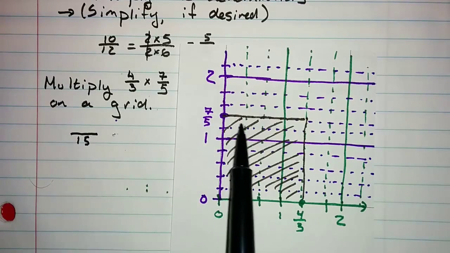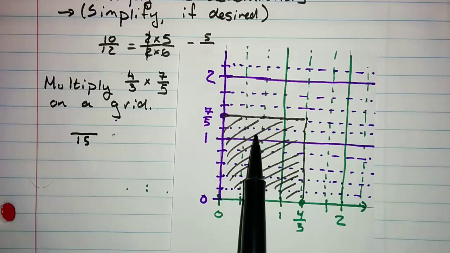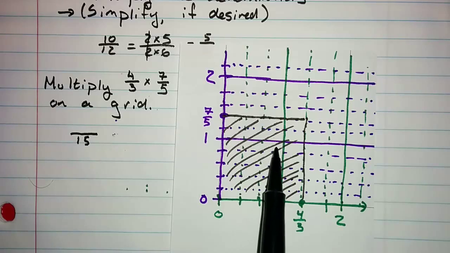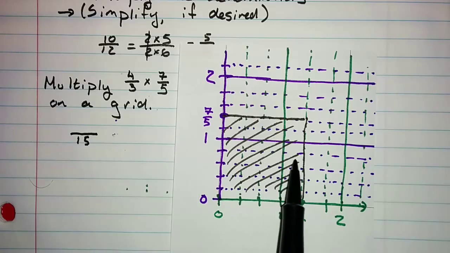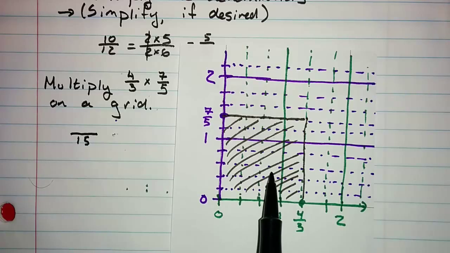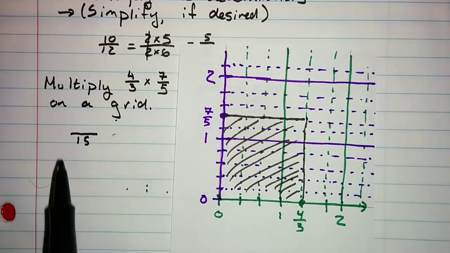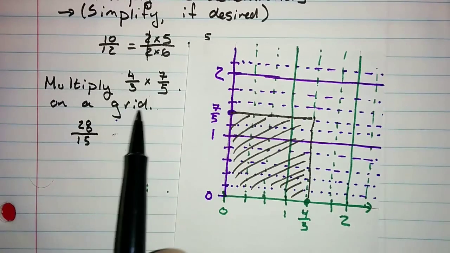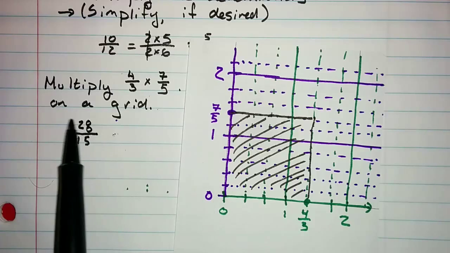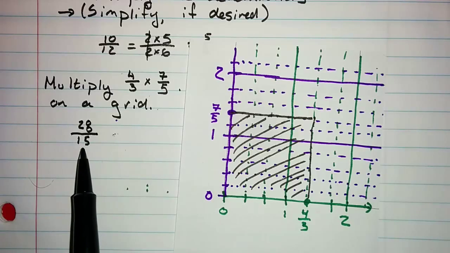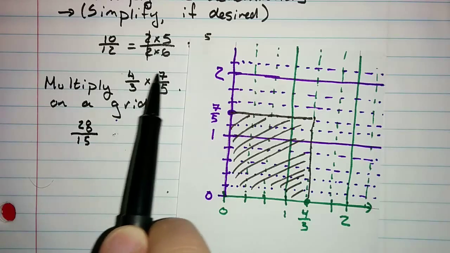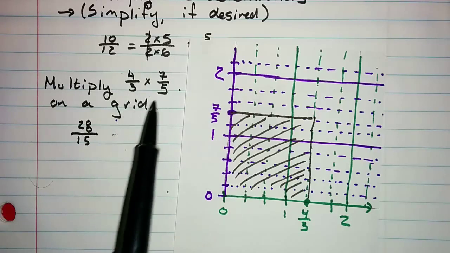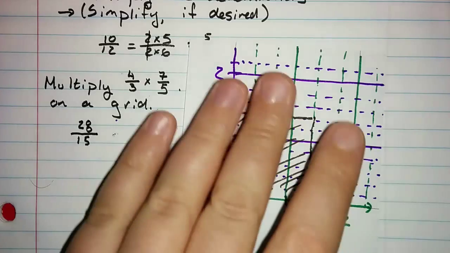I've marked 28 of them. So 4/3 times 7/5 is 28/15, which is what we would expect if we multiplied the numerators and multiplied the denominators.